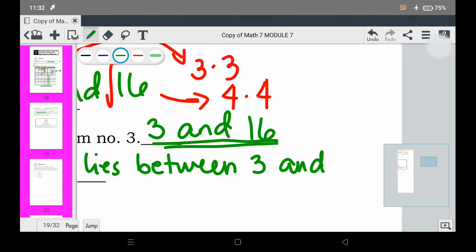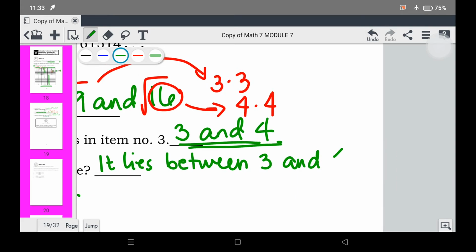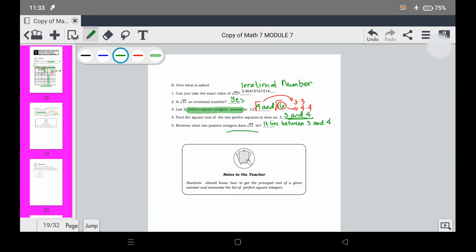We took the square root of 16, which is 4 times 4, or simply 4. I'm sorry for the mistake. So our answer here is 4. So the square root of 12 lies between 3 and 4. Okay, that's it.